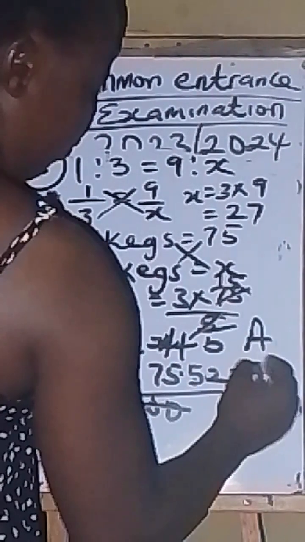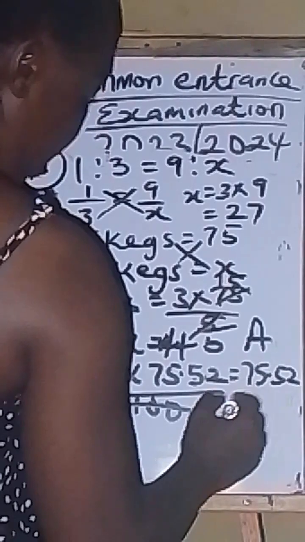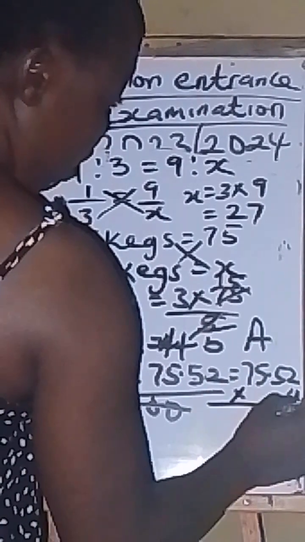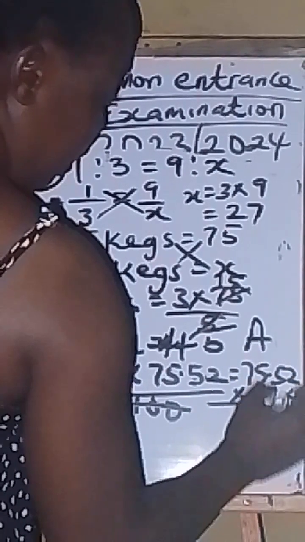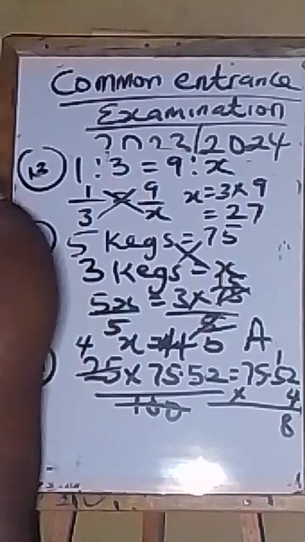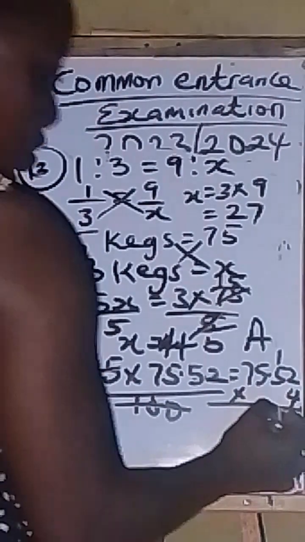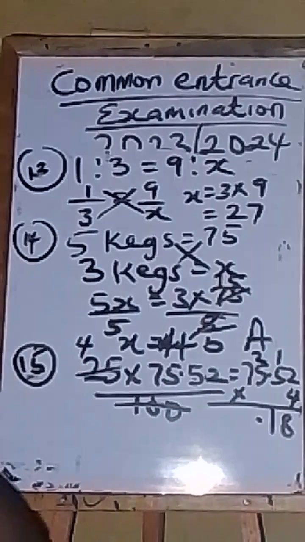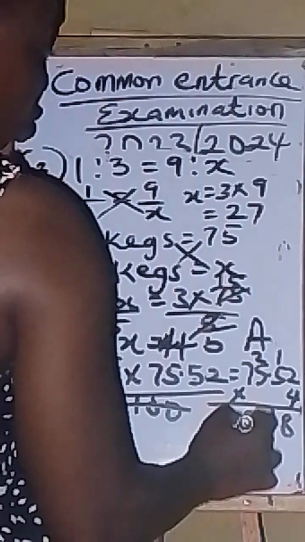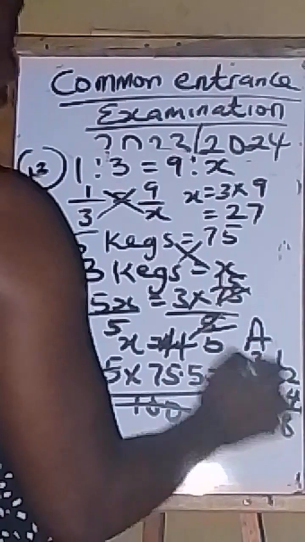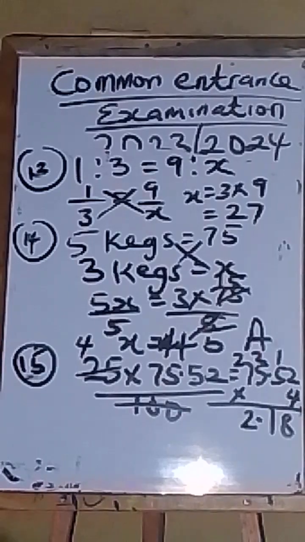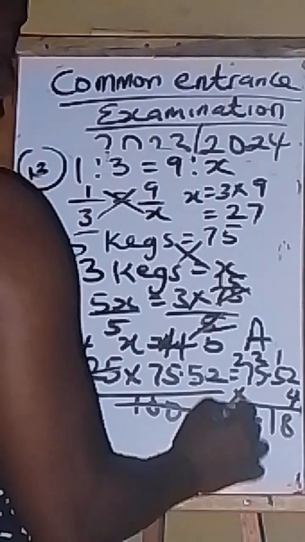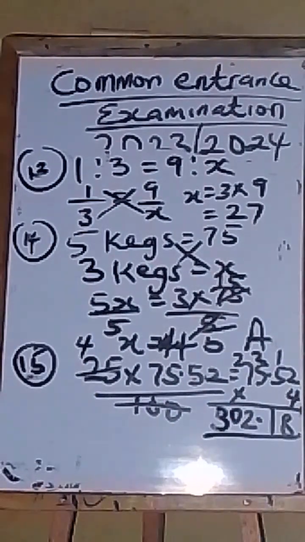So we multiply 75.52 times 4. 4 times 2, 8. 4 times 5, 20, plus 1, 21. 4 times 5, 20, plus 2, 22. 4 times 7, 28, plus 2, 30.